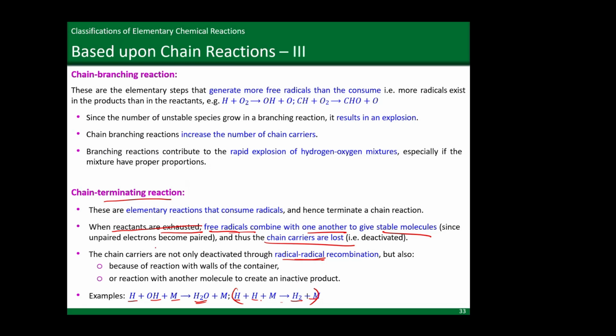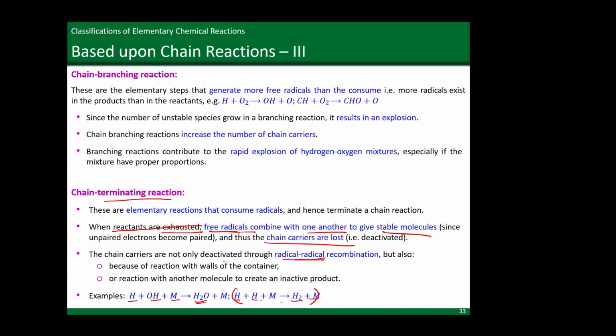So another way is that the radical goes and hits a wall. It's near the wall of a container, near the wall of the combustion chamber, and it gets deactivated, right? It is not able to hit or combine with another stable species and break it down.